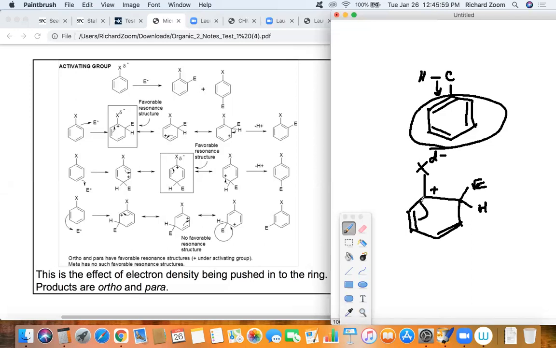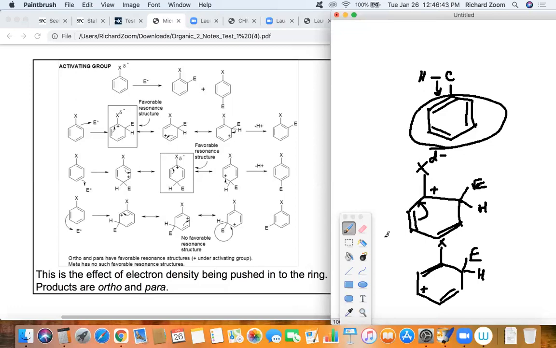So you can see that if I move these two electrons from the bond that I'm showing you here to the other bond to form a double bond, the effect is that the positive charge will end up moving to the location where the double bond was located, and the double bond now will be in between the two C's that are next to the X. Does anybody have any questions? And that's how the resonance works.